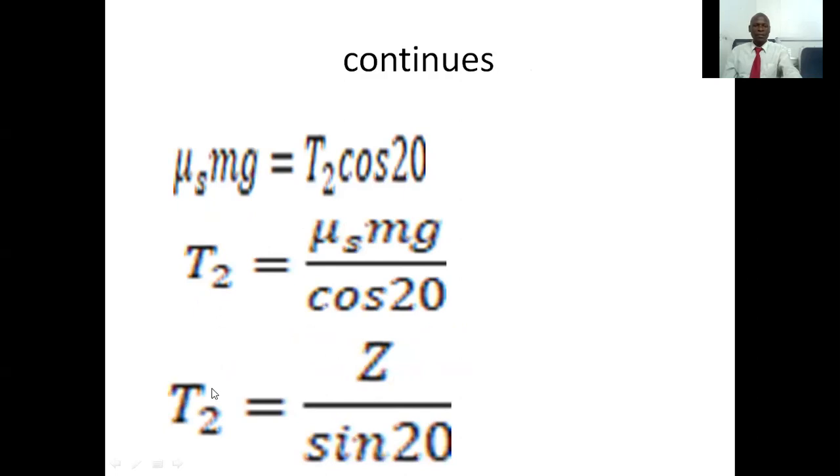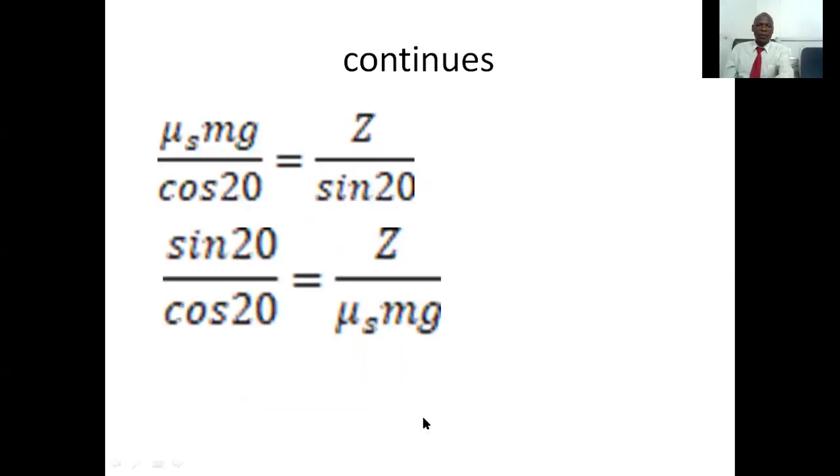So we can equate this equation here to the other equation. When we equate them, this is what we get. It's merely rearranging. Thereafter, you can bring sine 20 on top and the coefficient of static friction multiplied by mg down here. We have merely rearranged this equation.